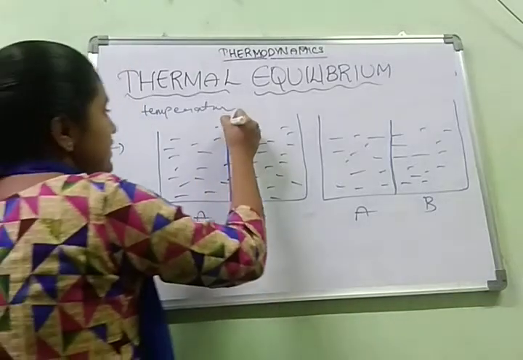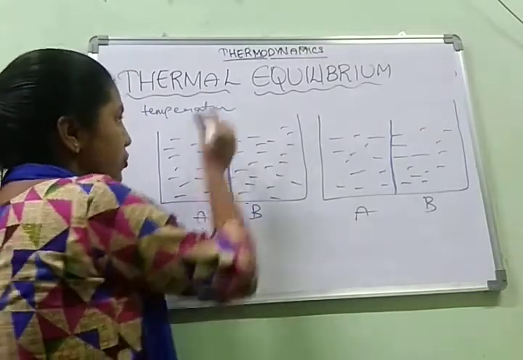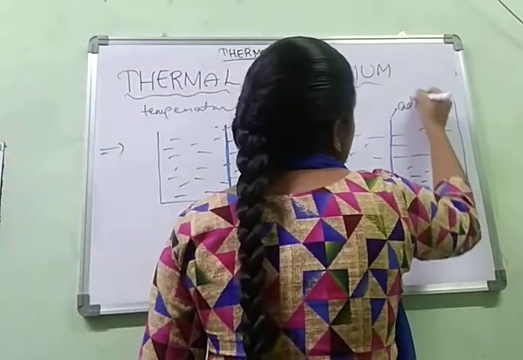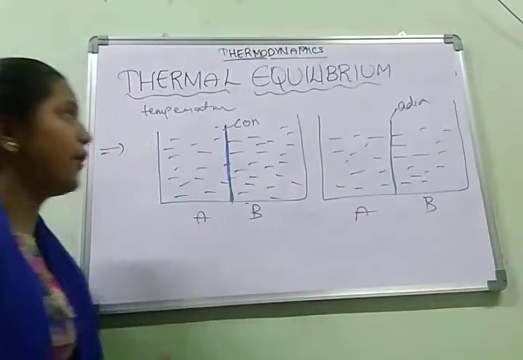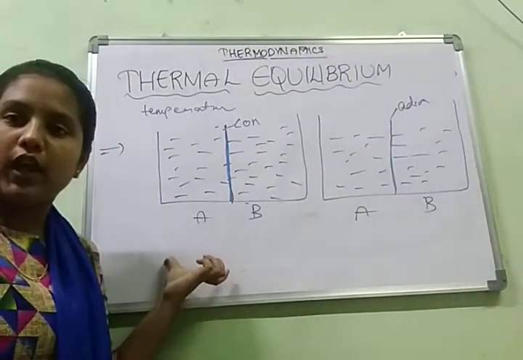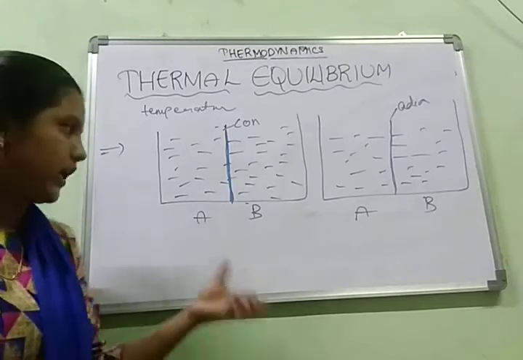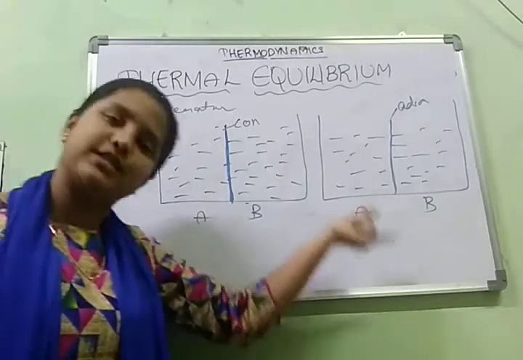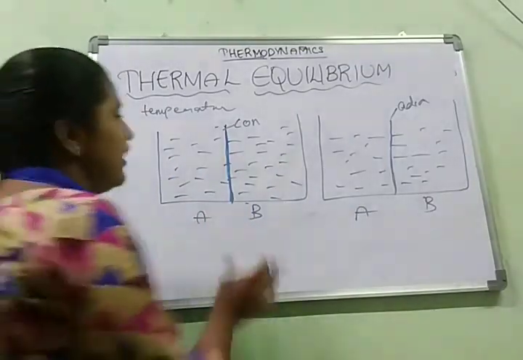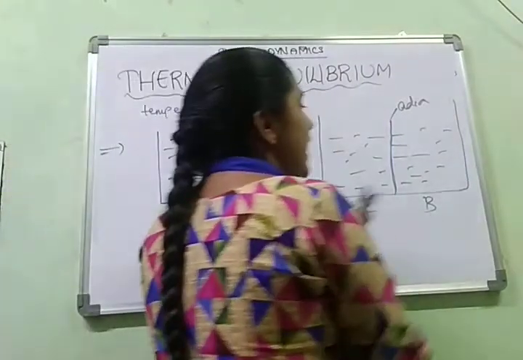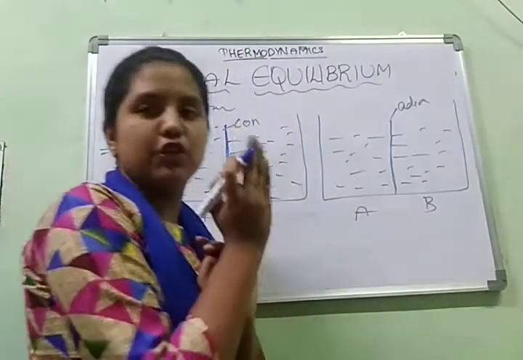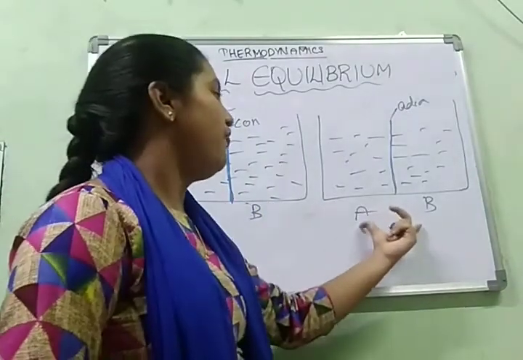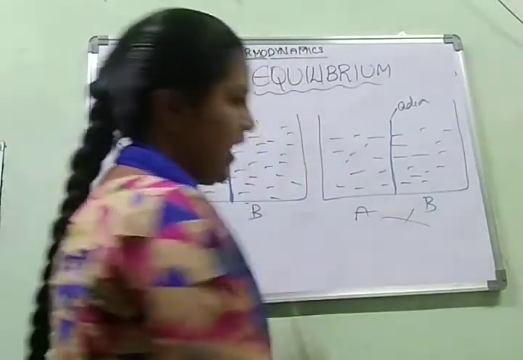In case 1, the wall is made up of conducting material, and in case 2 it is made up of adiabatic material. Listen here properly, this is a very important topic. First we can teach case 2. In adiabatic, as I said, no heat exchange takes place, so no temperature exchange. Therefore no thermal equilibrium takes place.